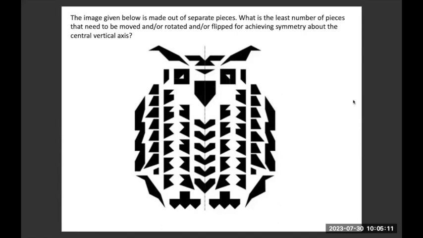Tanvi, wrong answer. Please note that it is the minimum number. I can do n number of iterations of movement and find it, but I have to find the minimum pieces which I can move. Vishwa, Twisha, wrong answer.